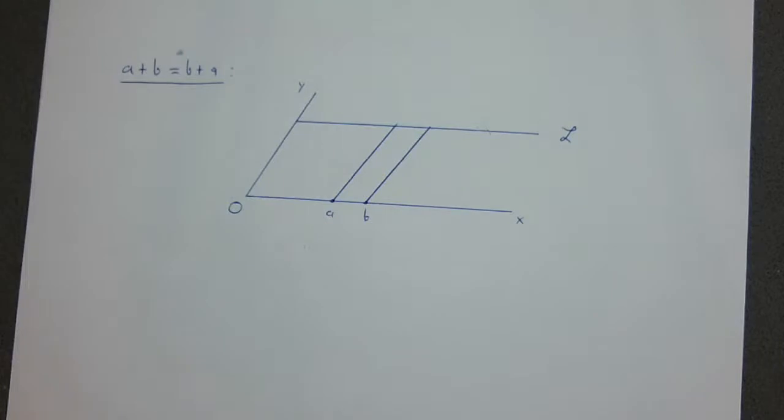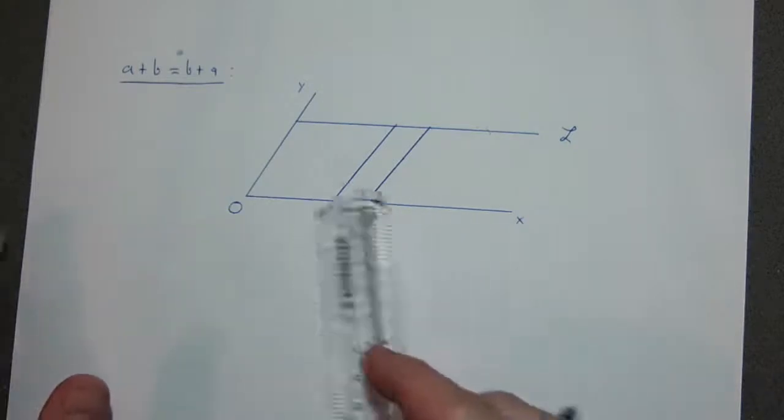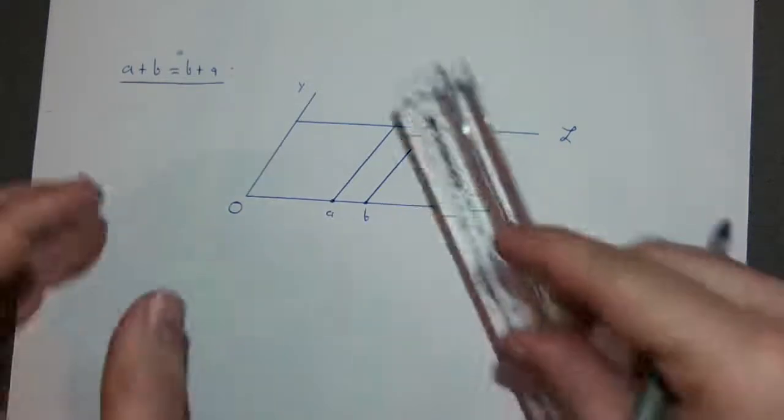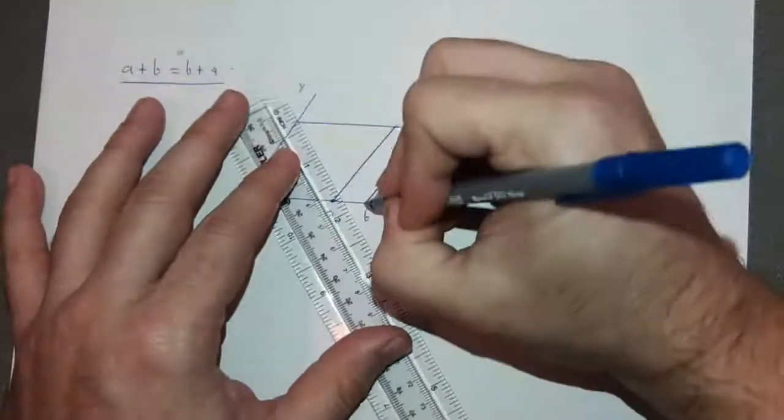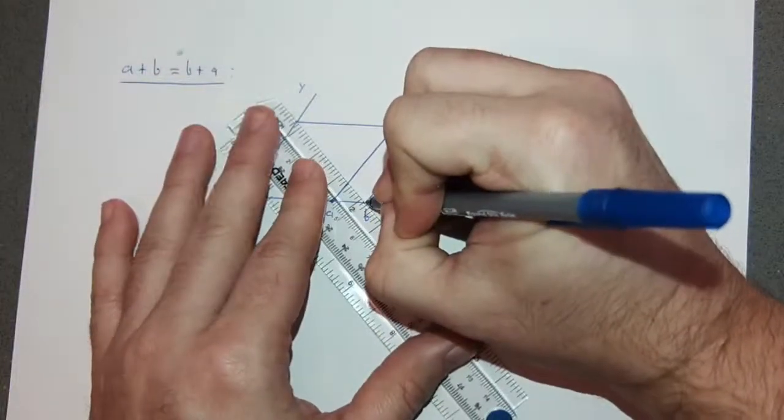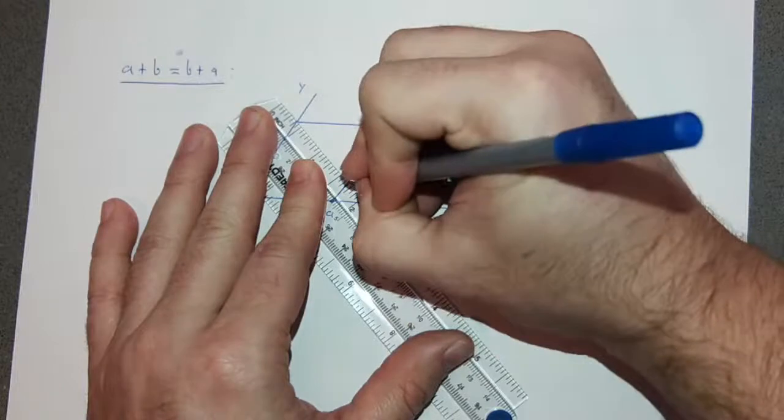So then what is my method of constructing a plus b or b plus a? I need lines from both a and b. I'm going to do the dashed line from b here. I'll construct b plus a first.